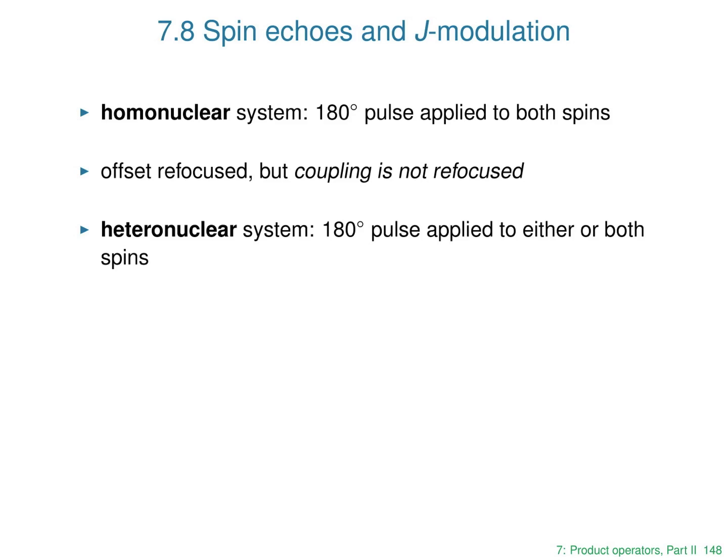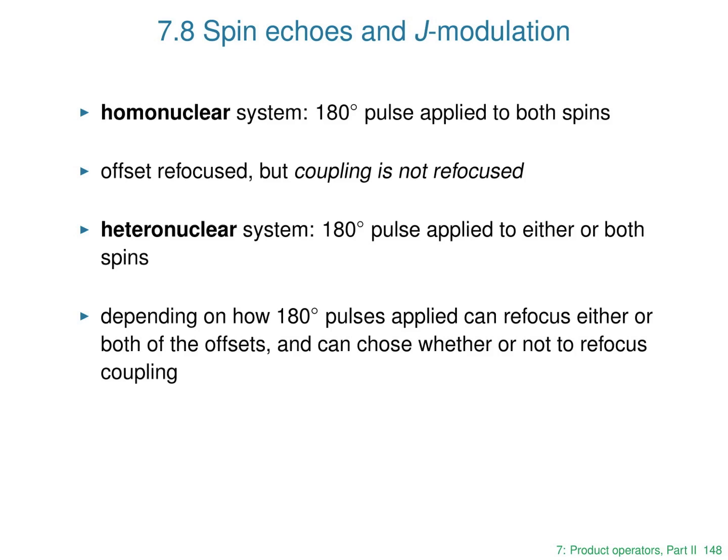On the other hand, if you turn to a heteronuclear system, for example a carbon-13 coupled to a proton, you can choose whether or not to apply the 180-degree pulse to the carbon, or to the proton, or to both. And depending on how you do this, you can refocus either or both of the offsets, and you can choose whether or not to refocus the coupling.